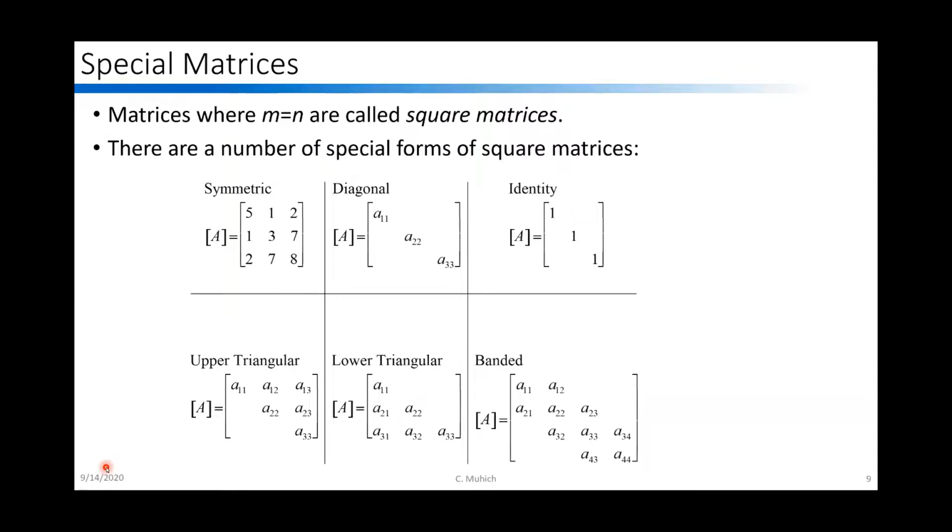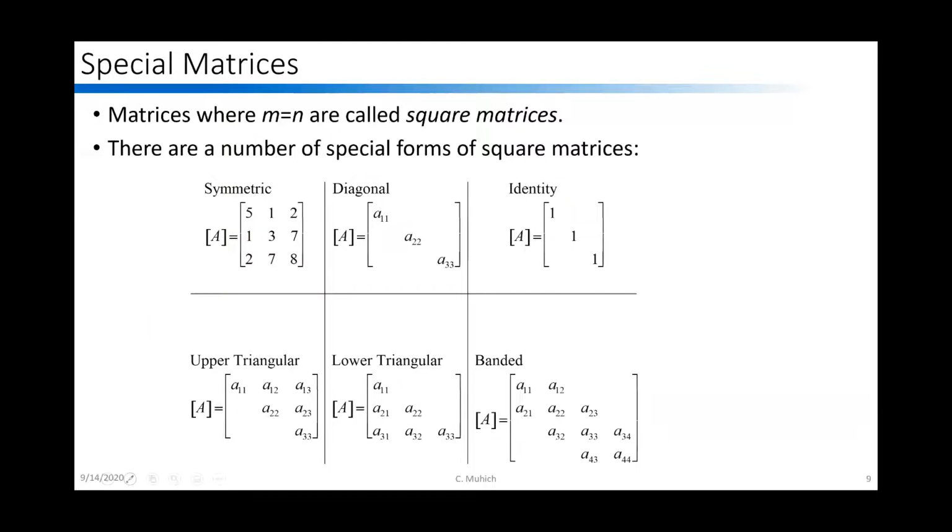The first one is symmetric. If you look at this top square of a symmetric matrix, you'll notice that while the diagonals are unique numbers, we have equivalencies across that diagonal line.